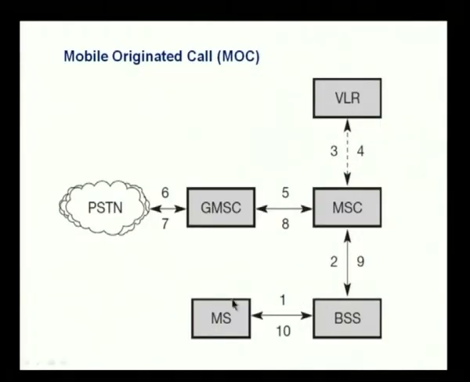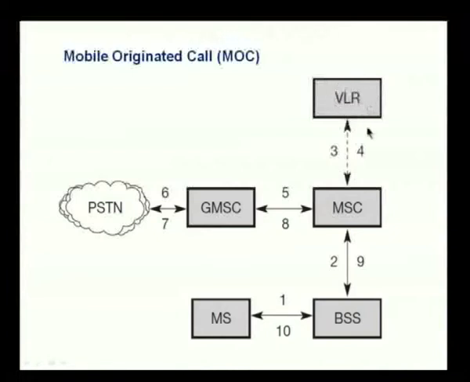So, in the diagram, now the mobile station is originating a call, that is represented as 1. In the second step, the corresponding BSS will make a request to the mobile switching center. In step 3, the mobile switching center will ensure the current location, or it will get some information from the visitor location register. So, here the checking operation will be performed, whether the services are subscribed or not.